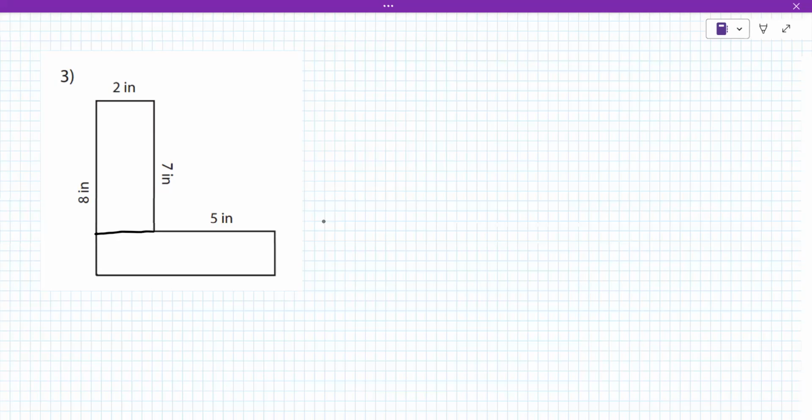So it's going to be 7 times 2. 7 times 2 is 14. 8 times 2 is 16. 30 inches squared. So 30 is your answer.